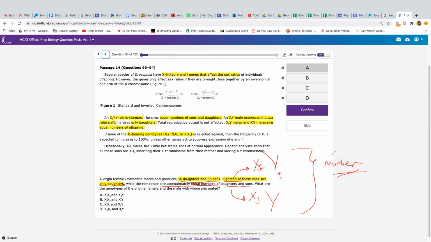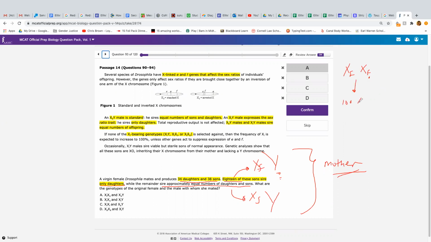The reason being is, remember, women have two X chromosomes. So they have a 50% chance of passing along either one of them. Now, if you're heterozygous, that makes a lot of sense. If you're homozygous, obviously that whole equation changes.